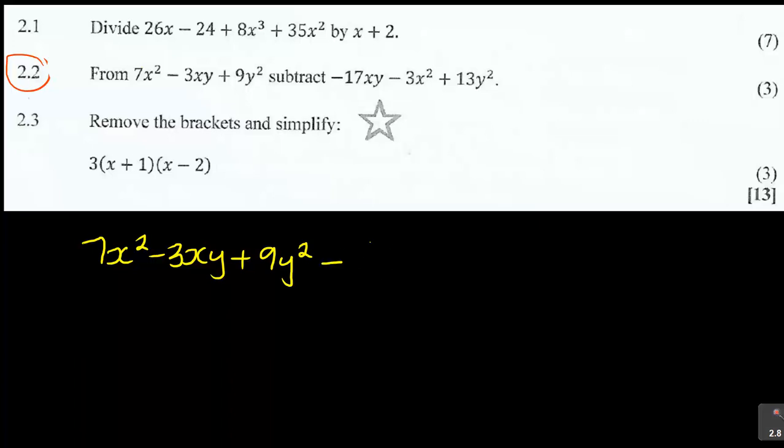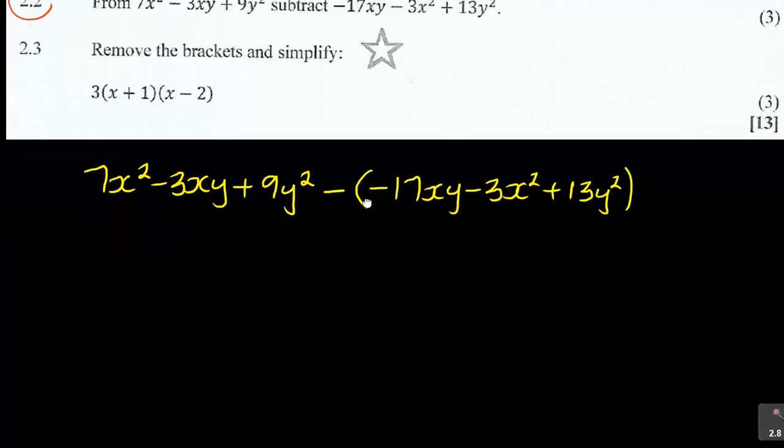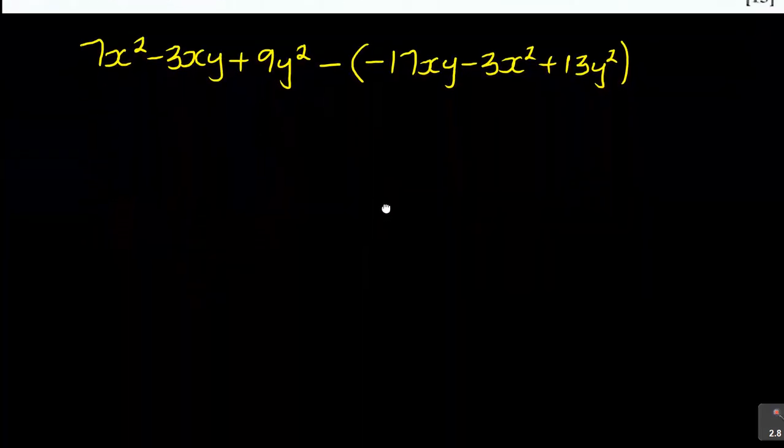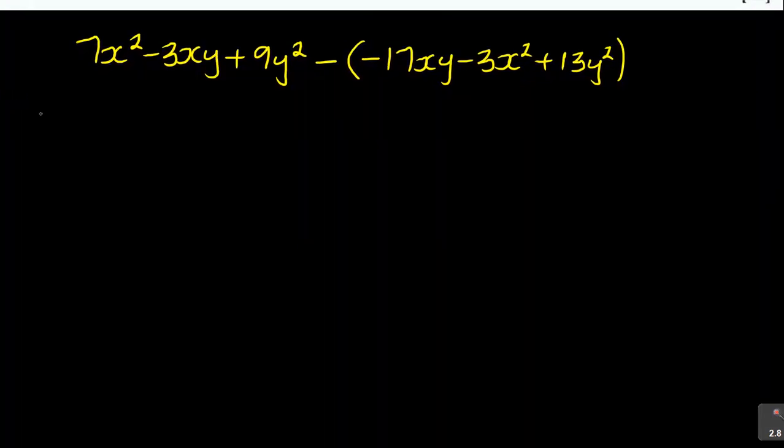But when you do that, remember to put a bracket. Subtract minus 17xy minus 3x squared plus 13y squared. Alright, it's 3 marks. Not much, but it's good in this case.